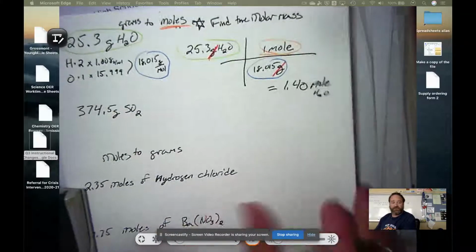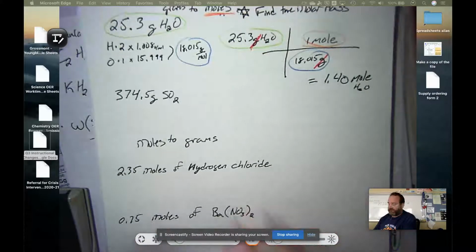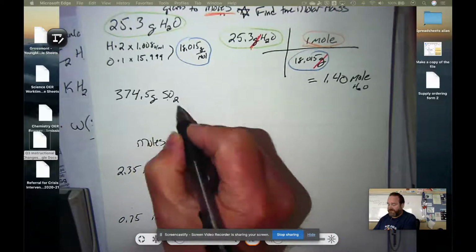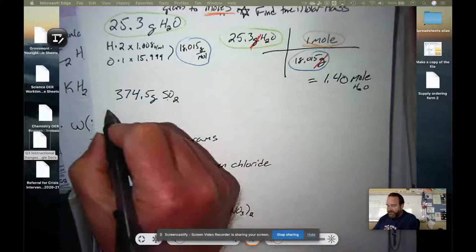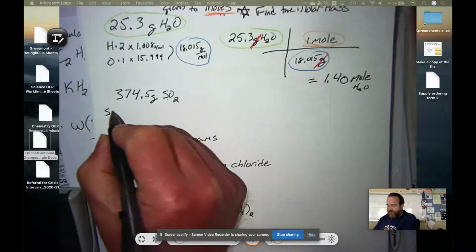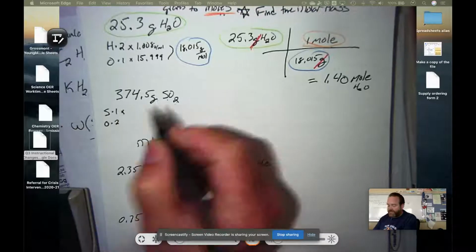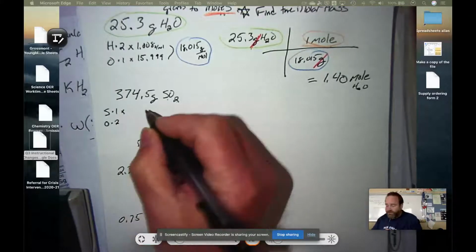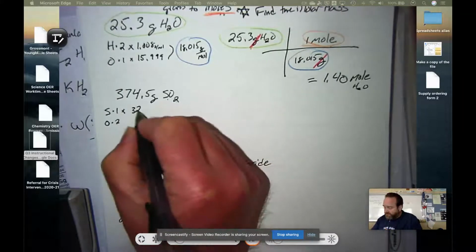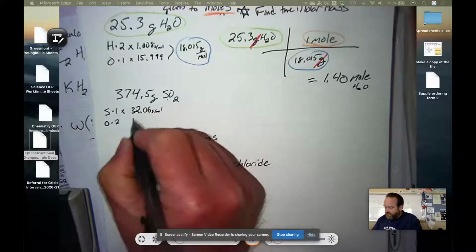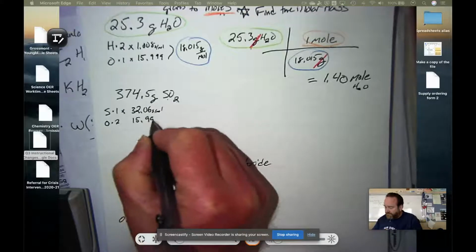Let's move quickly through. I've got a lot of grams here of sulfur dioxide, and I know it's dioxide because I have 2 oxygens. So sulfur, I've got 1. Oxygen, I've got 2. If I remember, sulfur was 32.06. And oxygen, they give us the 15.999.